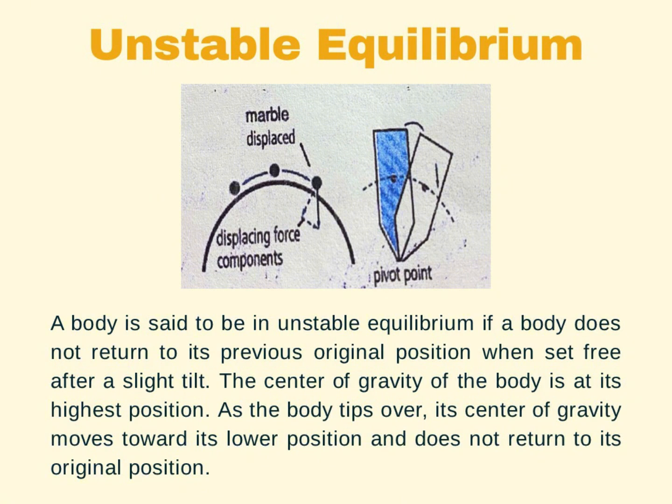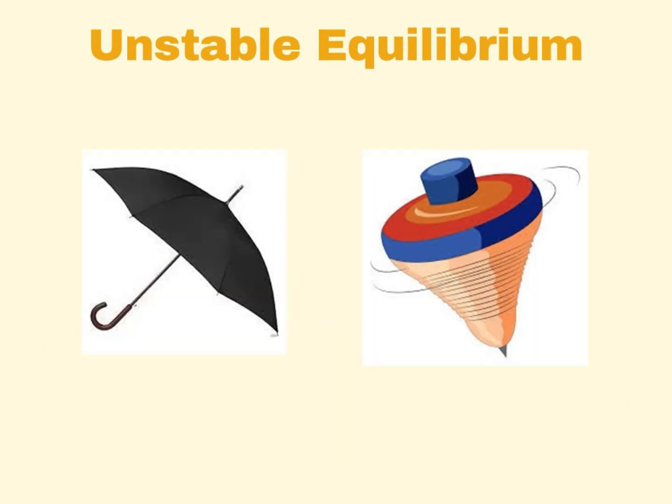As the body tips over, its center of gravity moves toward a lower position and does not return to its original position. We also have here some examples of unstable equilibrium. As you can observe, its base is narrow compared to the stable equilibrium samples, which have a wide base.